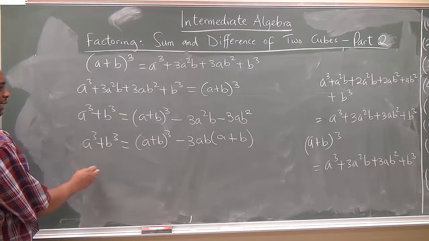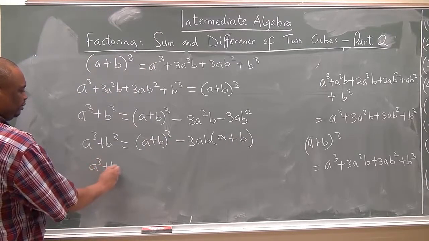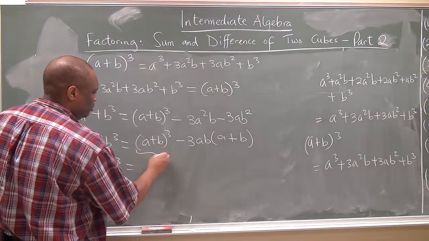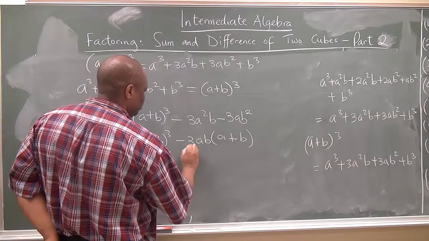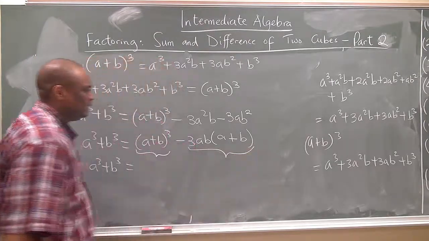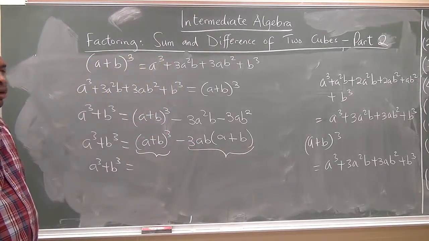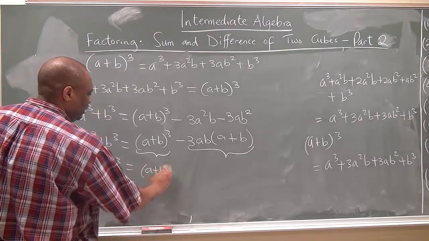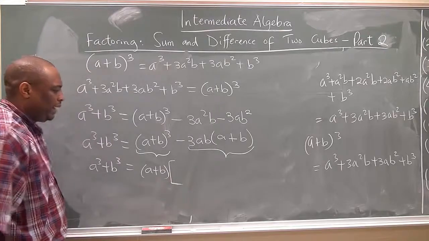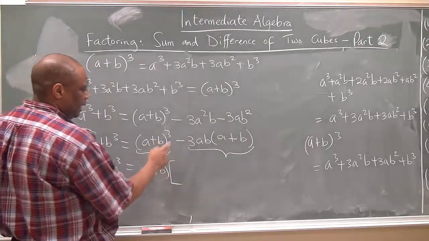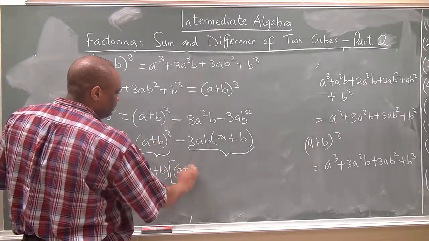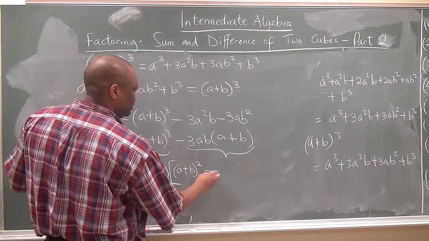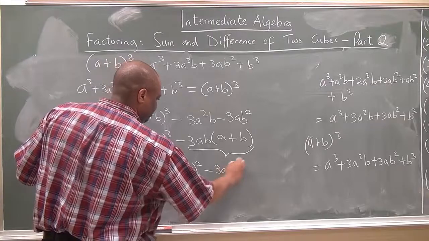So you now have that a cubed plus b cubed will be, now if you look at these two, 1, 2. Look at these two now, what is common? A plus b is common, you see that? A plus b is common. So if you bring out a plus b common, put your bracket, what will remain here will be (a plus b) all squared, right? Minus 3ab.